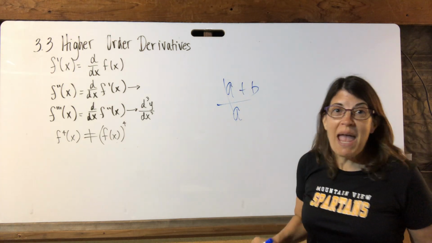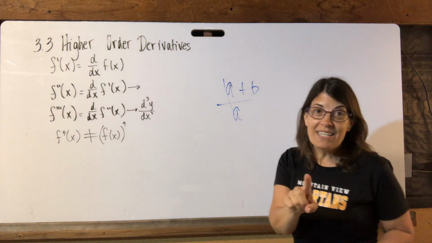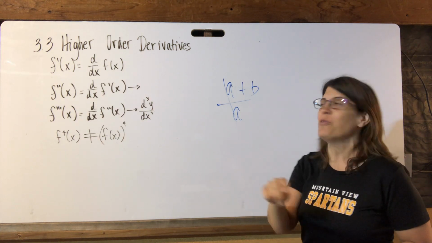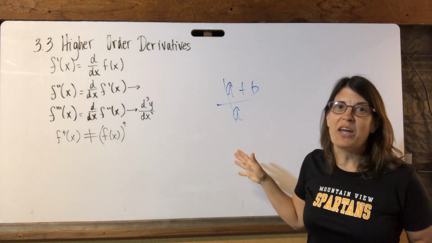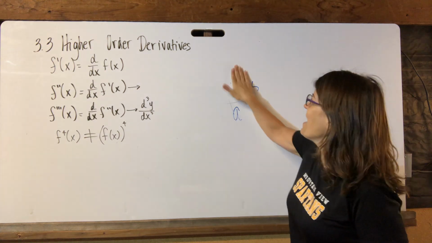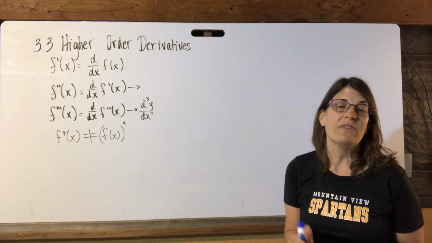The A's in A plus B over A. Isn't that awesome? And let's just make a side note, they wouldn't be canceling anyway because that's not a proper math word. But I heard this joke and I thought it was super funny. So you can roll your eyes at me. Ha ha ha.